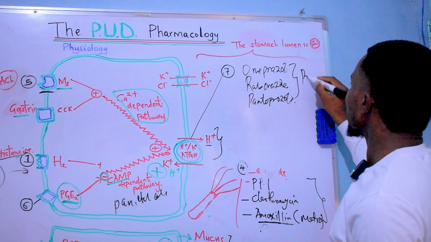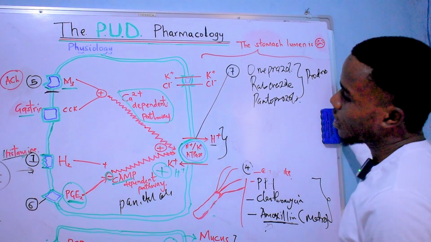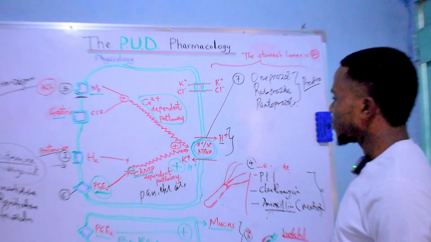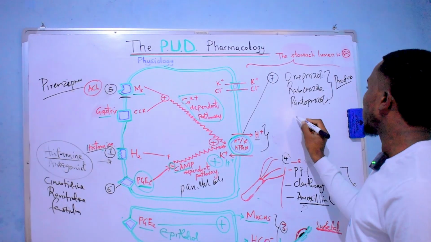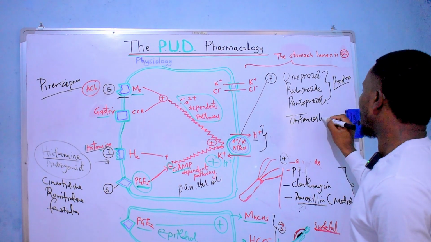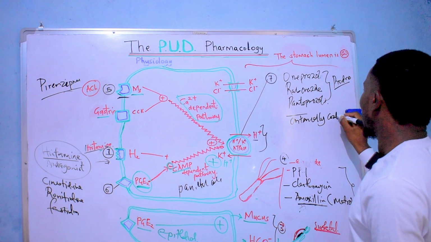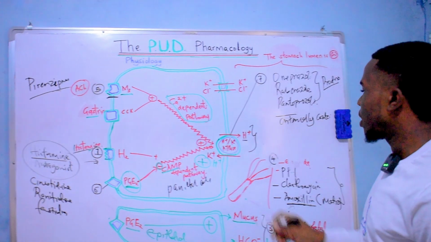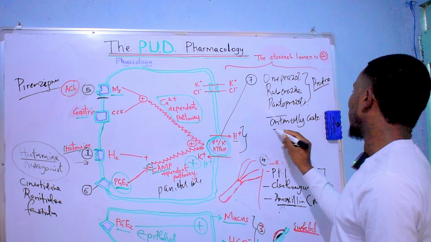There's one unique thing with these drugs in that they are all manufactured as prodrugs, and the prodrug is only activated in an acidic environment. So what happens is that the oral drugs are enterically coated to prevent premature denaturation in the stomach cavity.